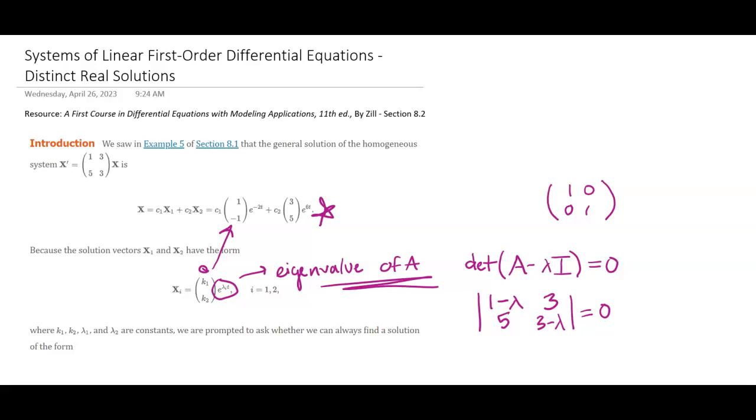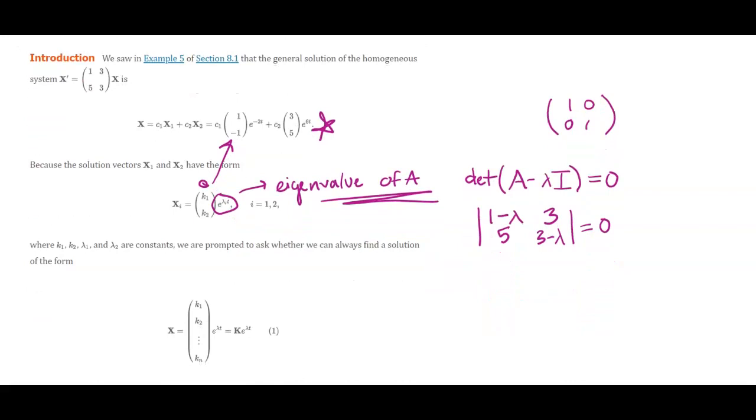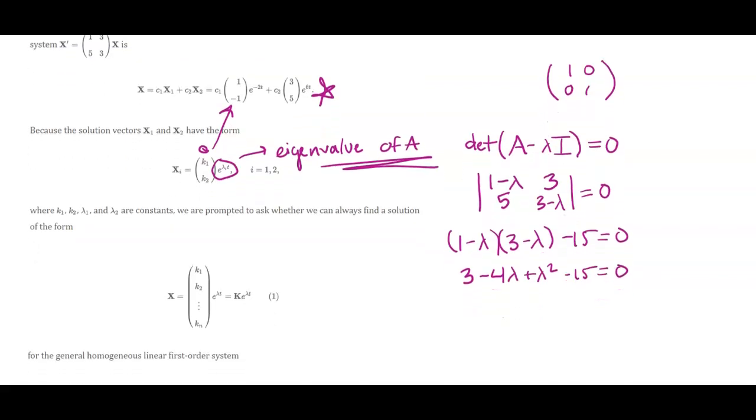So when we find this determinant, I'm going to have 1 minus lambda times 3 minus lambda minus 15 equals 0. That gives 3 minus 4 lambda plus lambda squared minus 15 equals 0, so lambda squared minus 4 lambda minus 12.